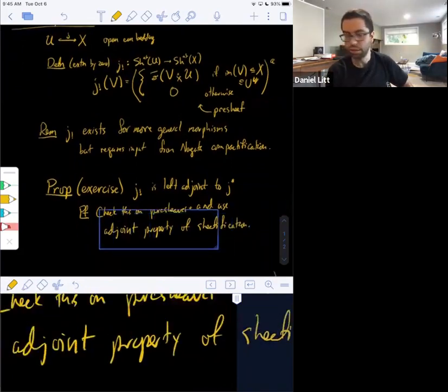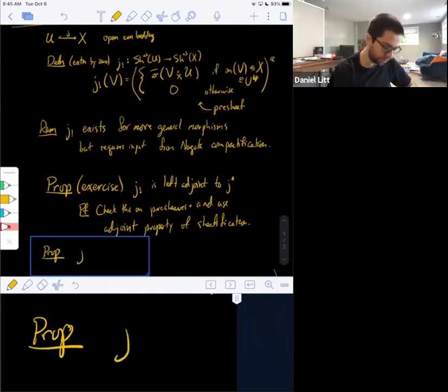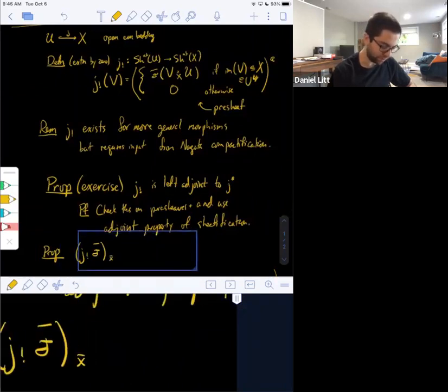Great. All right. So what does this j lower shriek look like? Let's compute its stalks. Let's suppose we have j lower shriek of some sheaf F, and let's take the stalk at some geometric point x bar. Can anyone tell me what this is?